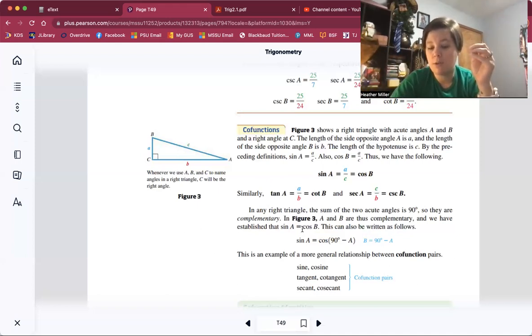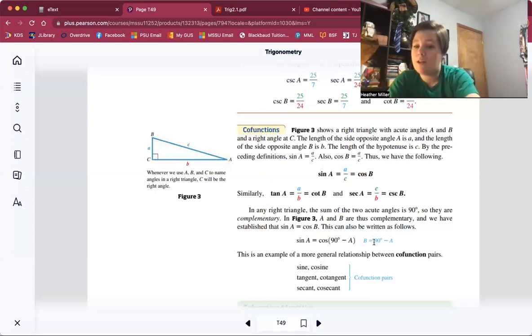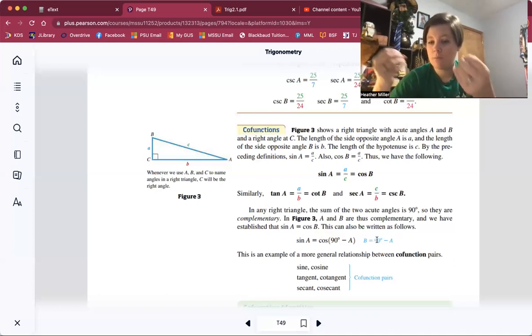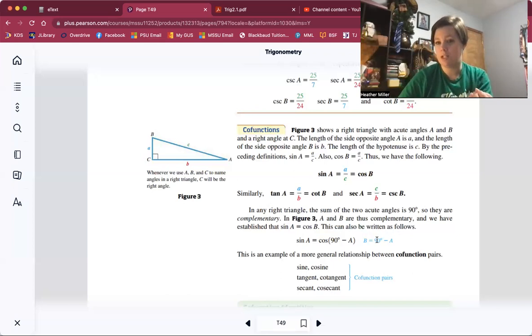And here's another way of writing that. We can say sine of A is the same thing as cosine of 90 degrees minus A. What we did here in the blue, you can see they substituted in 90 degrees minus A. That's because A plus B equals 90 degrees, so we're doing a substitution. And the reason why is because then we have this relationship between sine and cosine.